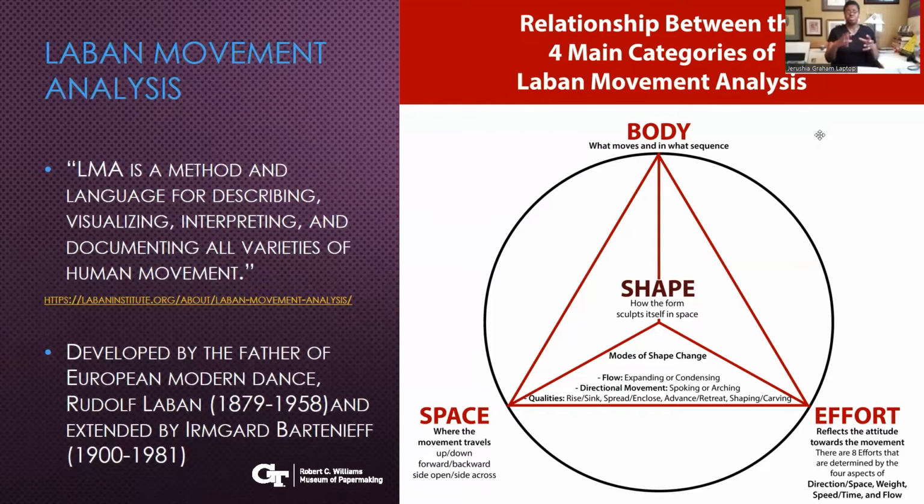The modes of shape change involve flow, so is it expanding or condensing itself? Directional movements, is it spoking or arcing? And then its qualities, is it rising or sinking, advancing or retreating, those kinds of things.